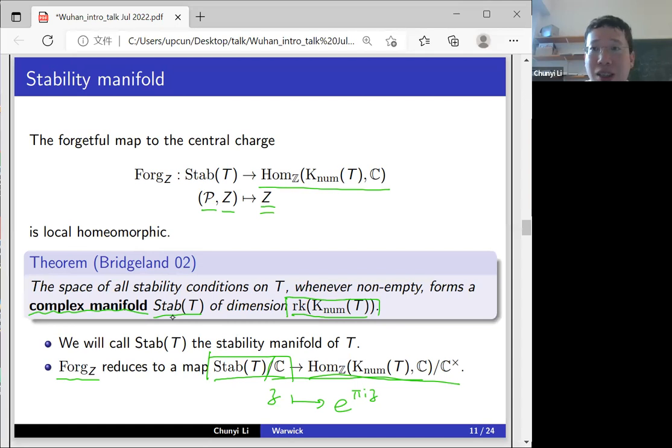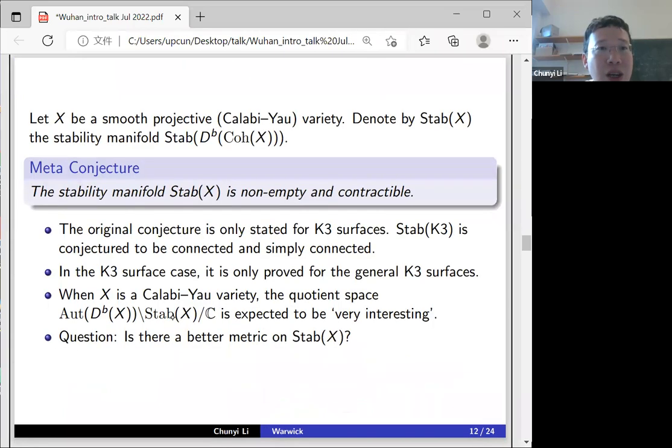Right. So this is the main result from 20 years ago, and what can we do from there? The next question about this space is: what are the properties of this stability manifold? The meta conjecture is this.